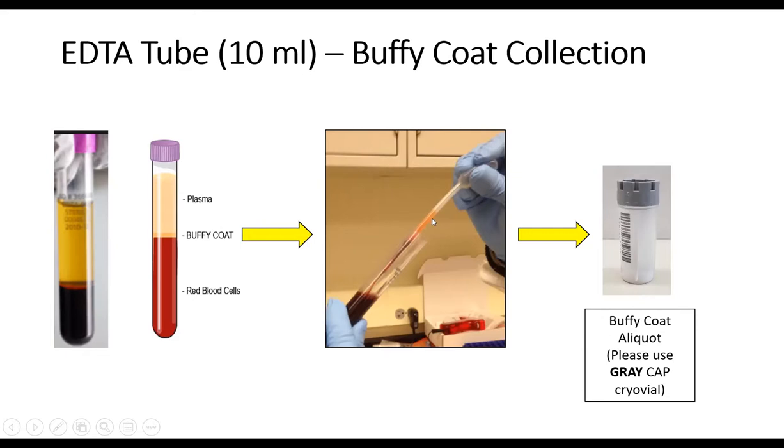That's a way we know that all of that buffy coat layer is pulled in there as well. Because if you don't get any of that pink or red color, then we worry that it's still just plasma layer and not enough of the buffy coat is in there to get a good DNA extraction. So that buffy coat goes into the gray cap cryo vial and is sent on frozen with the other blood products.